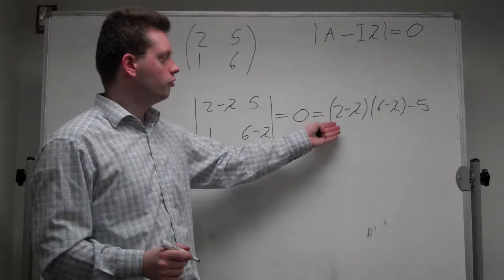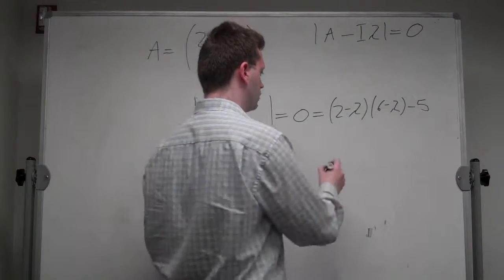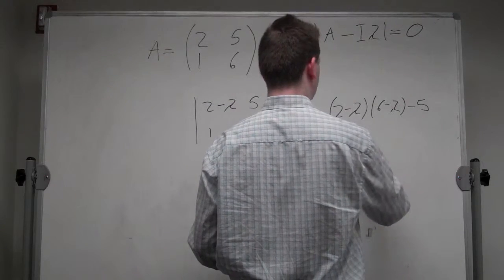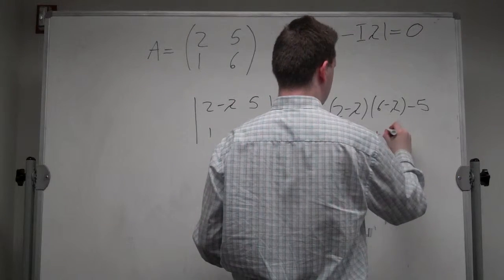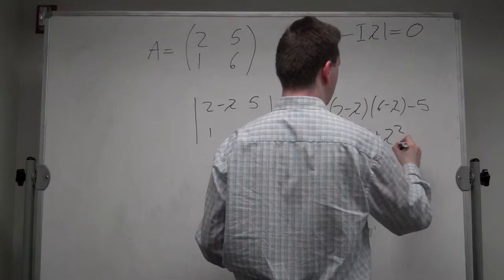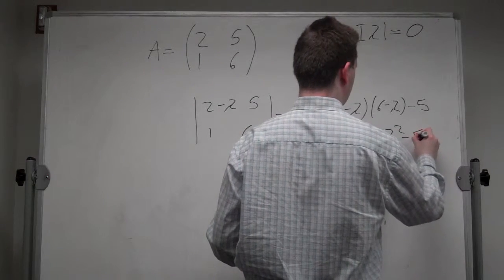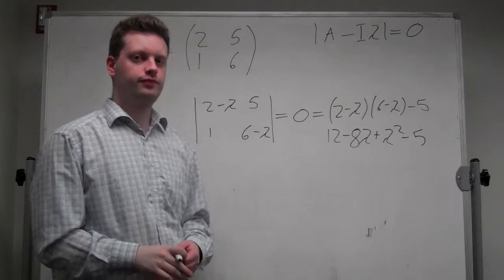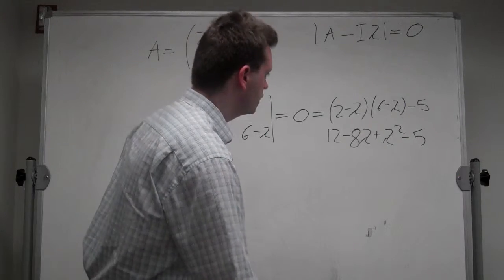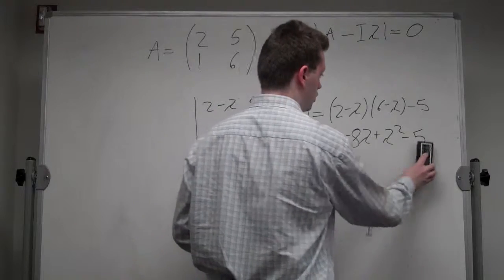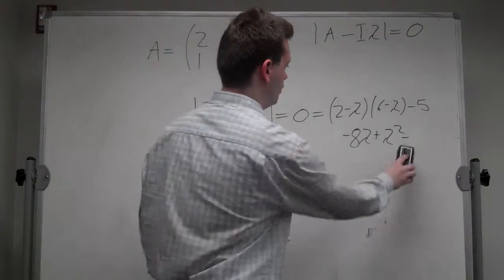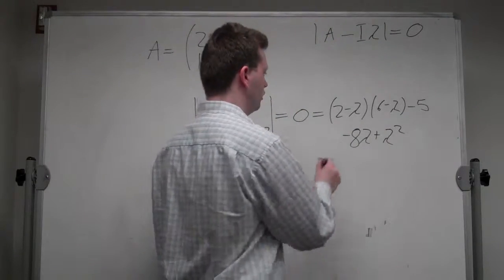Now, we can multiply this out, and we would get 12 minus 8 lambda plus lambda squared minus 5 must be equal to 0. So what we can do is subtract 5 from here, and we're left with 7.